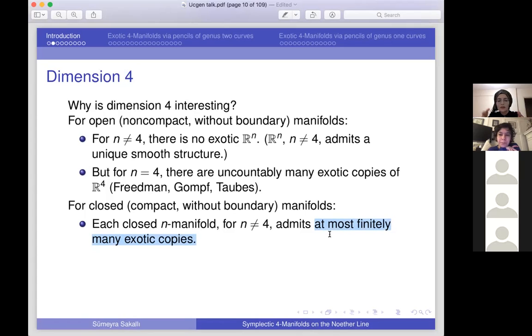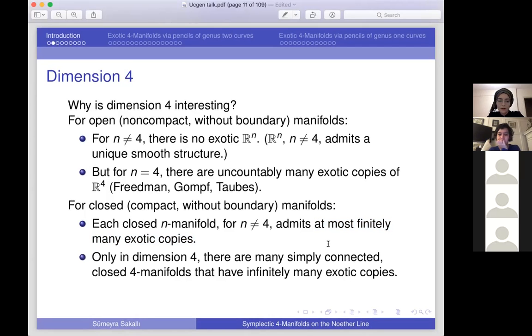In dimensions 1, 2, and 3, there is again a unique smooth structure. If the dimension is higher than 4, each of those manifolds can admit finitely many exotic copies. However, only in dimension 4 do we know that there are many simply connected closed 4-manifolds that have infinitely many exotic copies. I want to remark that this is an existential statement.